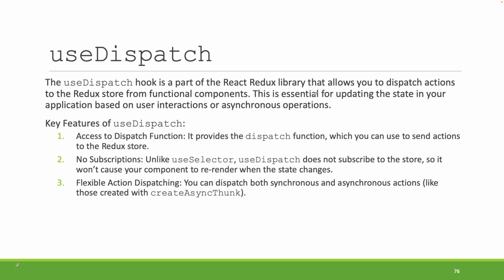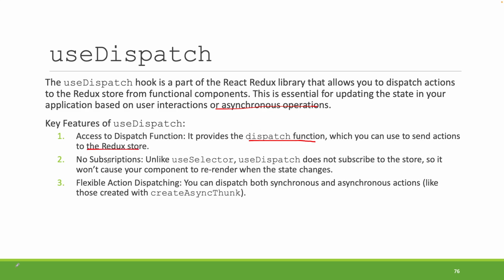This is essential for updating state in your application based on user interaction or asynchronous operations. It provides a dispatch function, which you can use to send actions to the Redux store.